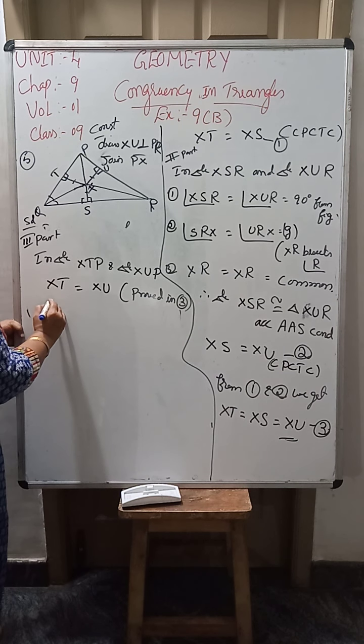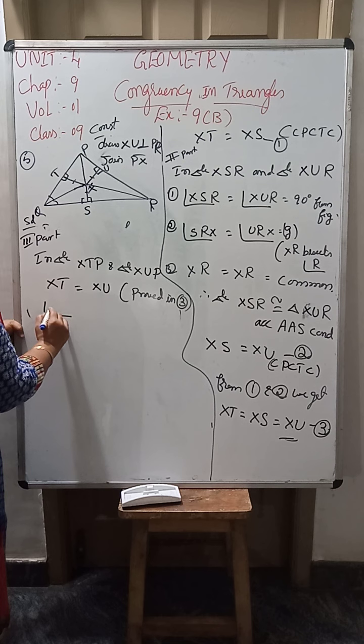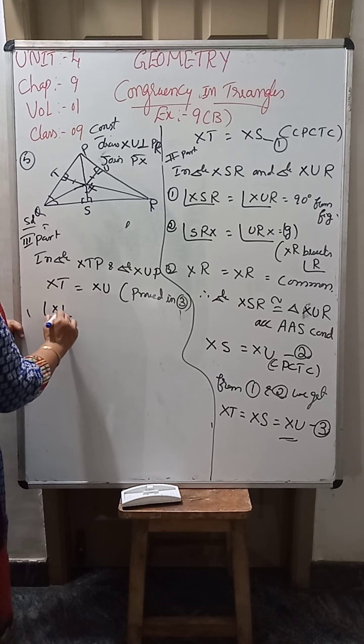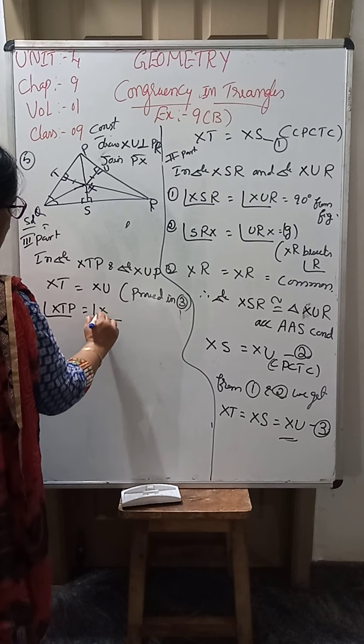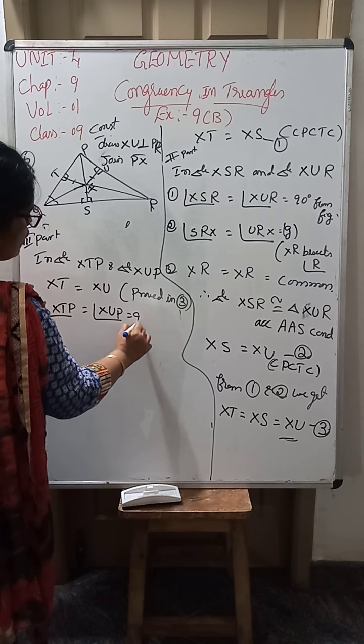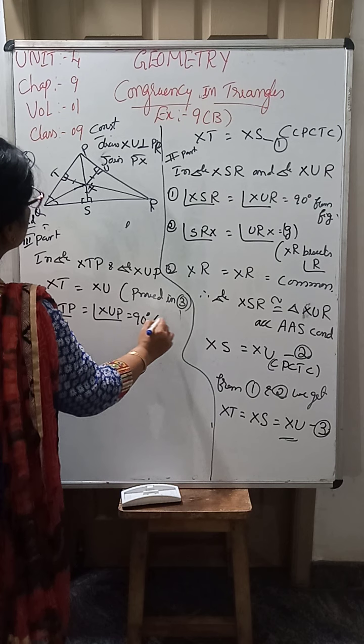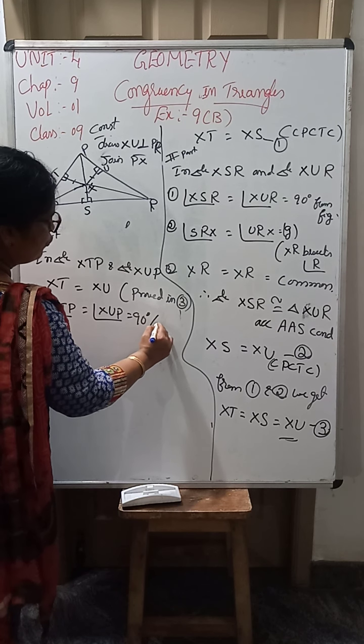Next, angle XTP is equal to angle XUP, which is equal to 90 degrees, from the figure.